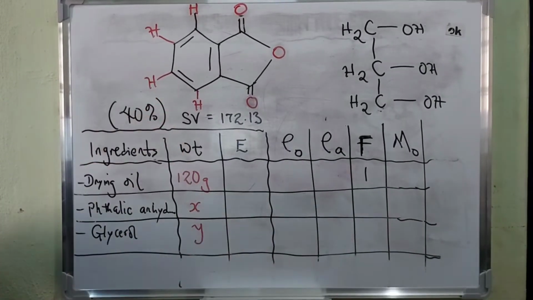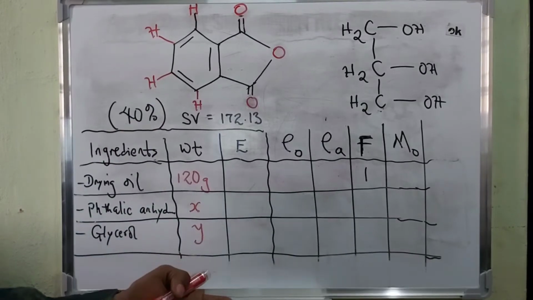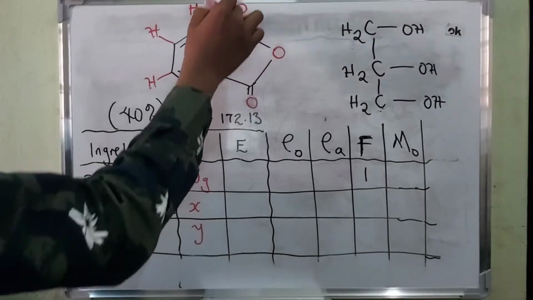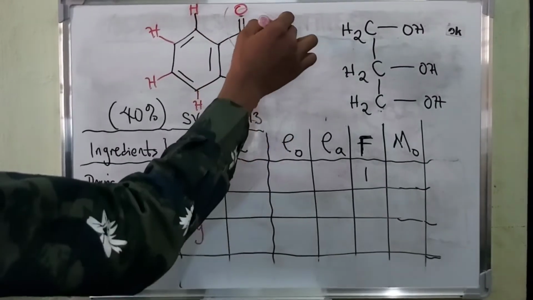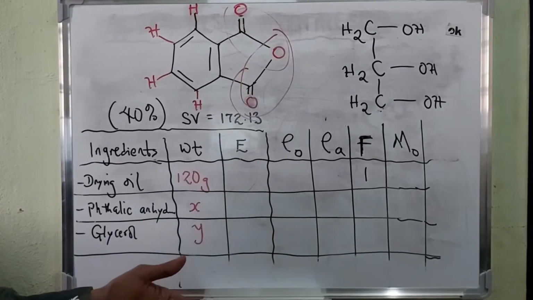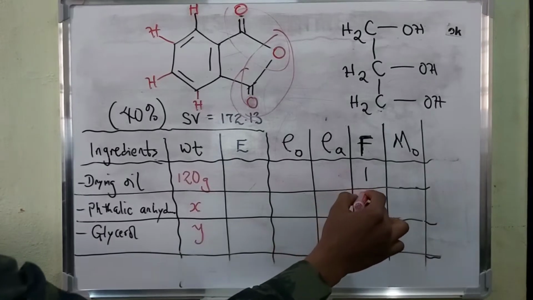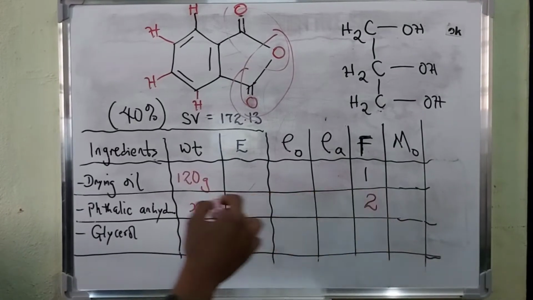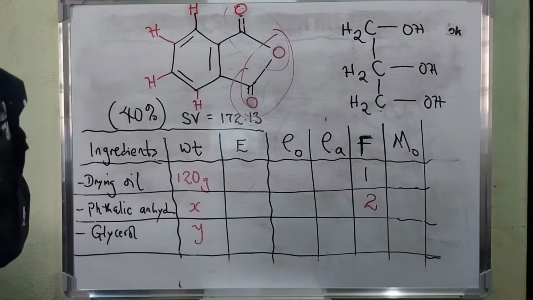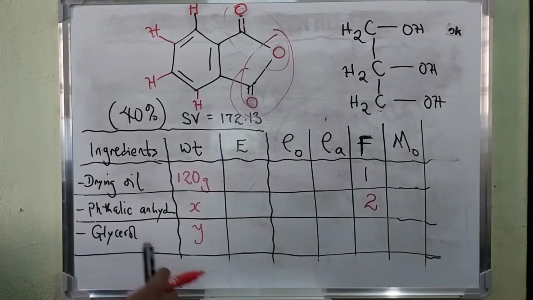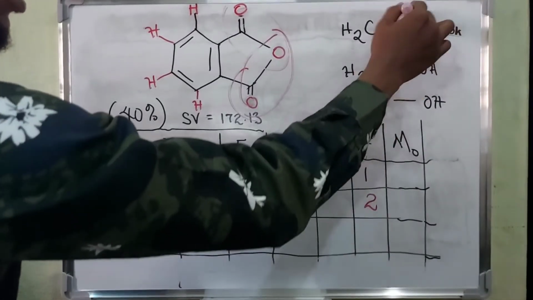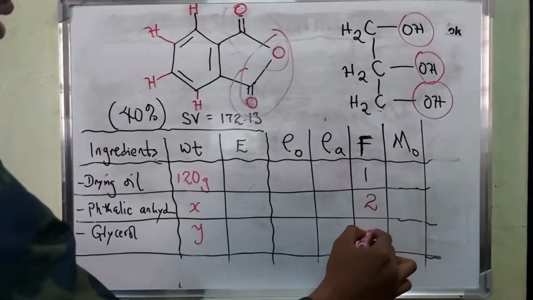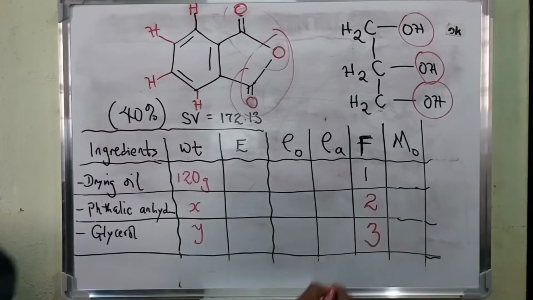So for the benzene 1,2-dicarboxylic acid, as it implies, two functional groups are there for the anhydride. So we have two functional groups for the phthalic anhydride. Then for glycerol, you can see we have 3. It's a triol, so we can put 3 over here.